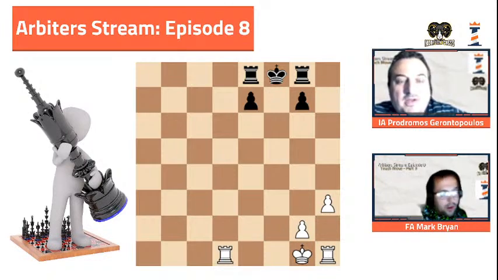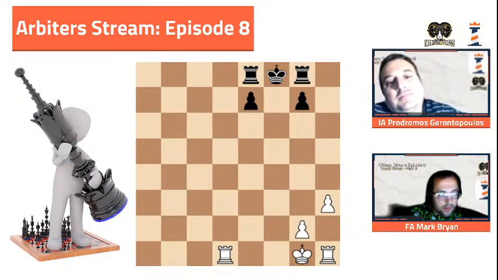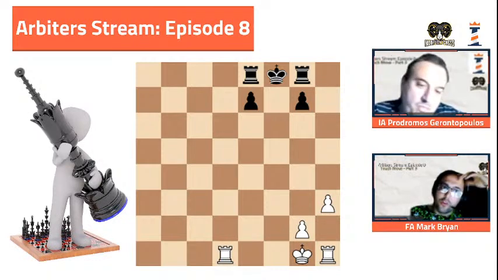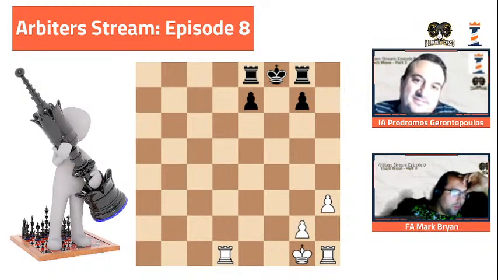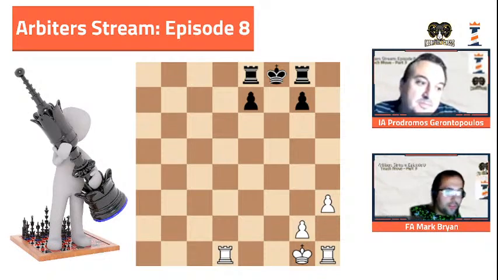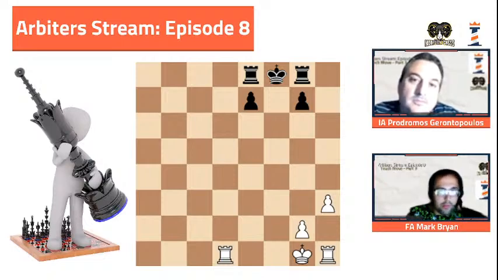Is there any question about checkmate always beating the time? Vasily, if there's checkmate on the board, it doesn't matter if the flag has fallen or not. Checkmate counts unless the arbiter is present and sees that the flag fell and then you went on to checkmate.